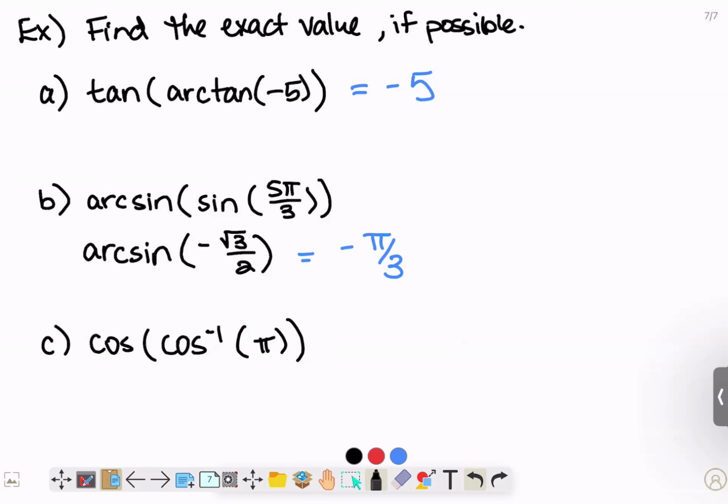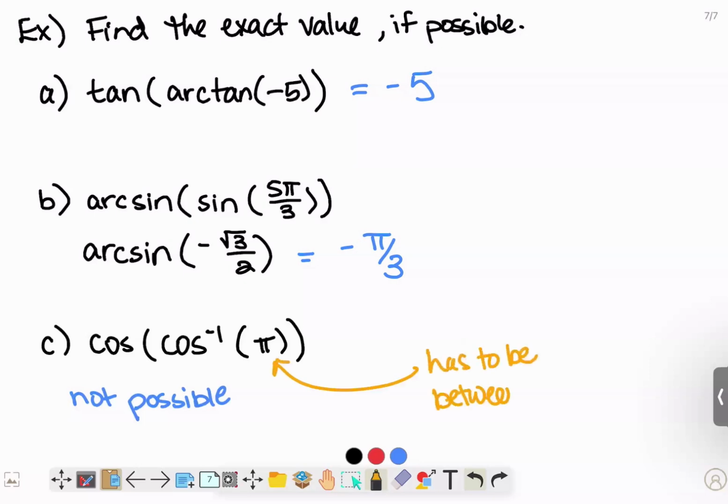The domain of arc cosine is -1 to +1. And pi is 3.14 something. So it is bigger than 1. So this is not possible. And I'll make a little note here that this has to be between -1 and +1. And because it is not, we cannot evaluate this.